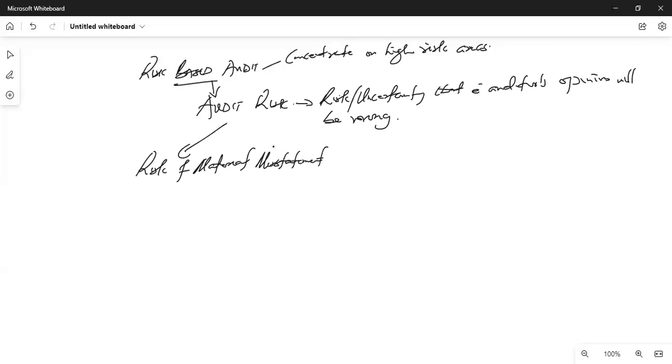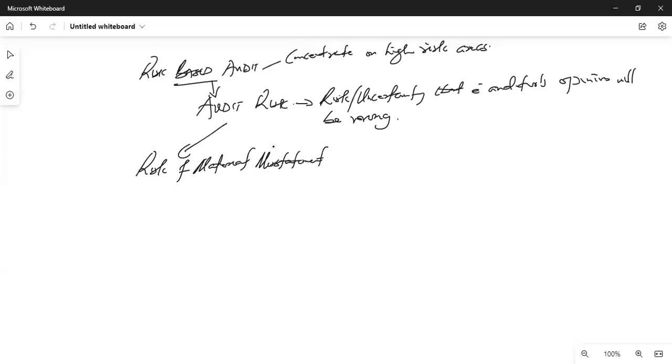It means that the entity itself, in getting the figures to form the P&L and the statement of financial position, might actually have done something risky that makes faithful representation not be achieved. Okay, so that is coming from the company itself.